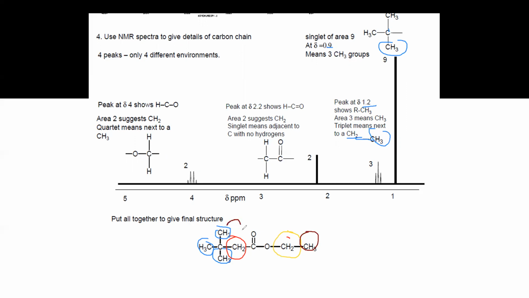For this CH3, the neighbor is 0, so it will be a singlet. For this CH2, neighbor also 0, so this will also be a singlet. For this CH2 neighbor 3, so it will be a quartet. For this CH3 neighbor 2, so it will be a triplet. Is it clear?